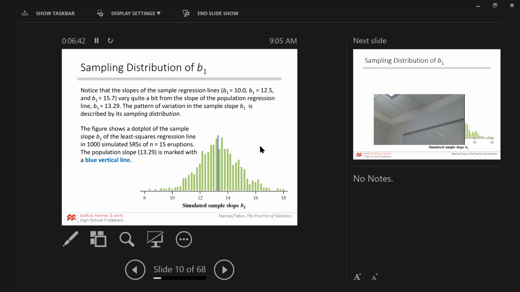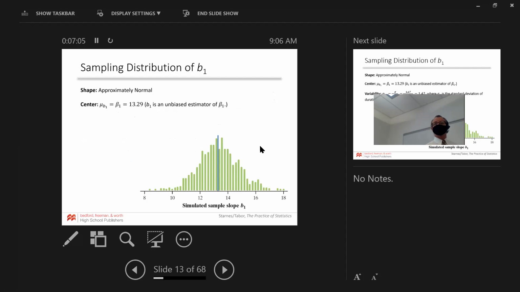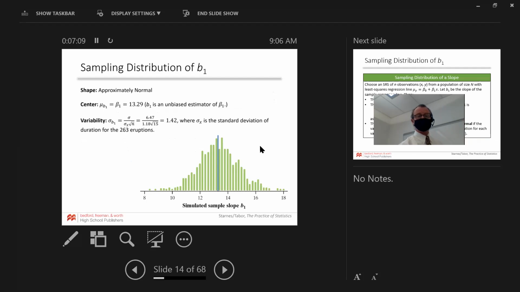And the blue vertical line is the true slope. Well, it appears to be approximately normal. It's centered about the blue line, which means it's unbiased. What's the variability?